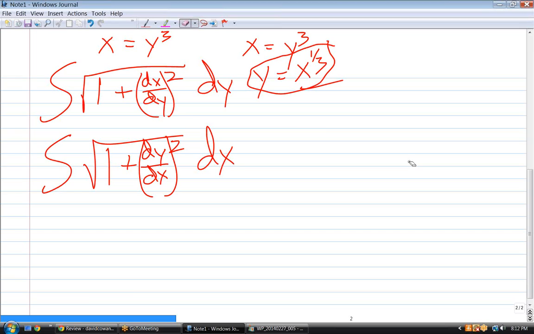I did dx/dy, so I got 3y squared, and then I plugged that in and squared it, and then I got c, and that's the answer. Good. That's what I was going to do. The only thing that bothers me is that function. I'm not sure that it doesn't have a vertical tangent. I've got to think about that for a little bit, but I know that's going to work.